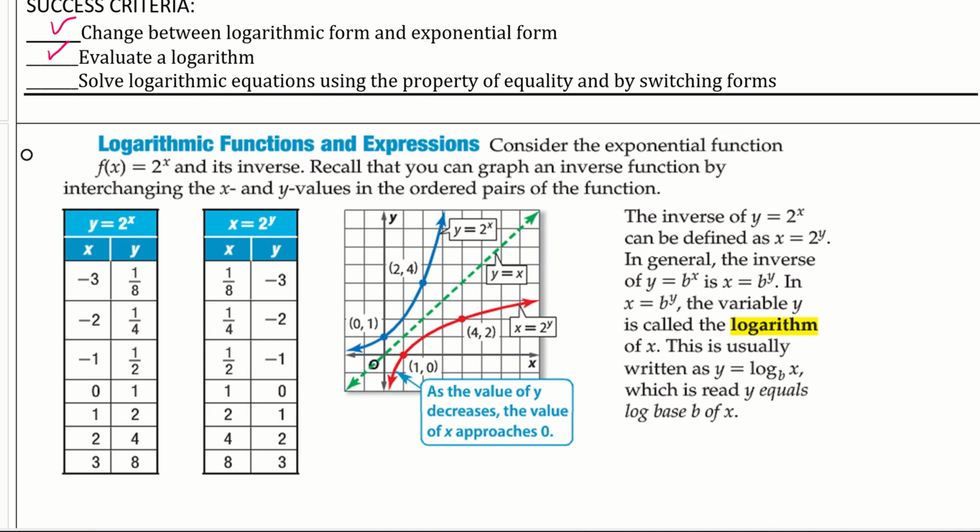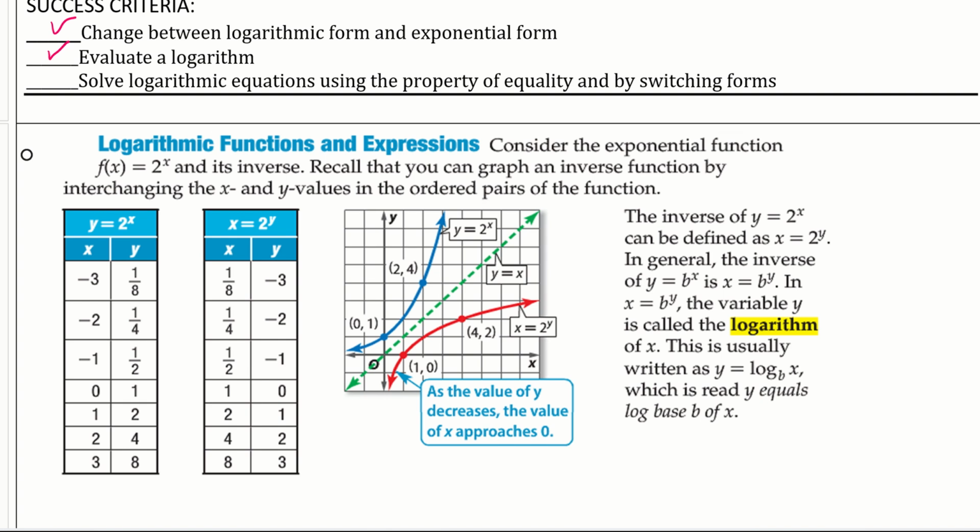Recall that you can graph an inverse of a function by interchanging its x and y values. You just put y where x is and x where y is, and basically it just flips the values. You can see the two charts. Over here, it gives you a little paragraph. The inverse of y equals 2 to the x can be defined as x equals 2 to the y.